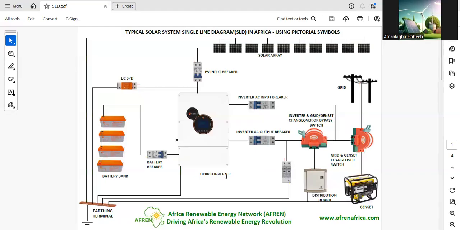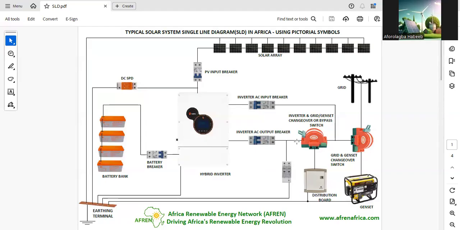So on page 1, we have the typical solar system single line diagram, SLD, in Africa using pictorial symbols. This is not common in other continents outside of Africa where they have reliable grid. But in Nigeria and most other countries in Africa, there is no reliable grid.